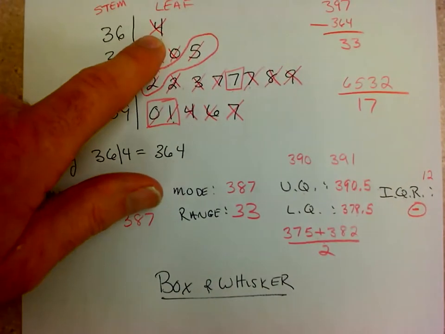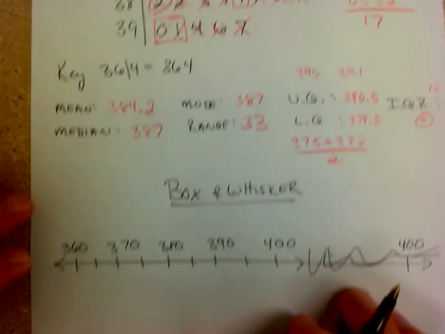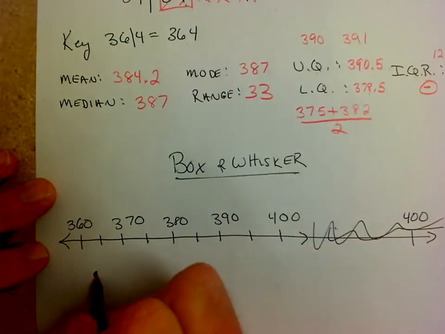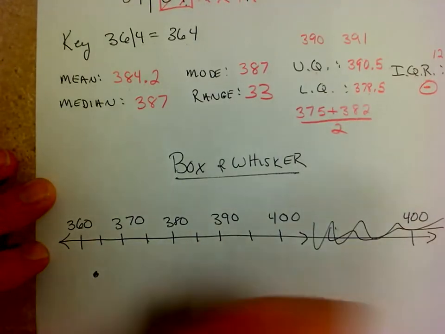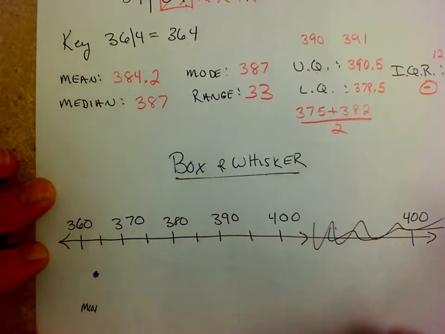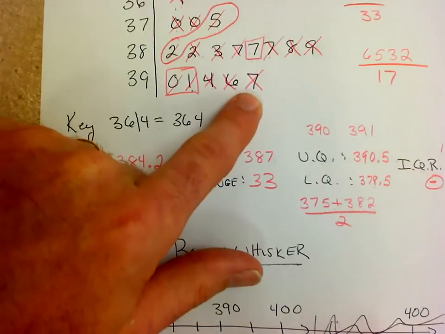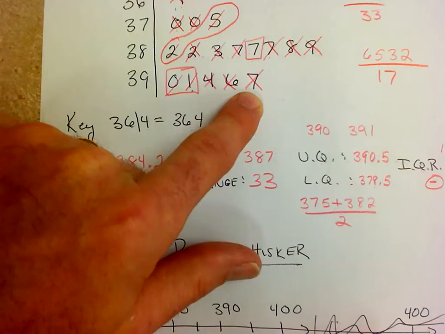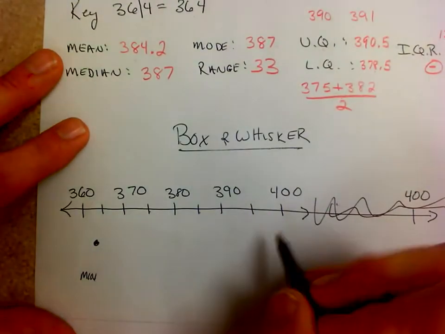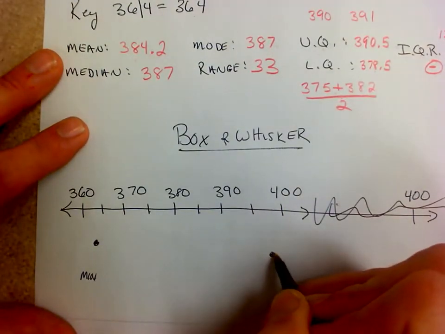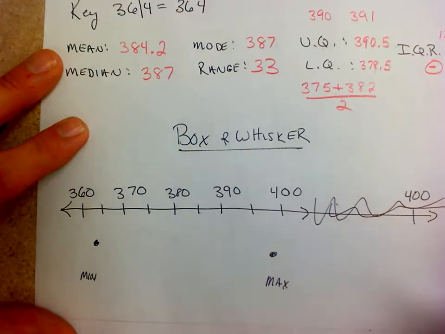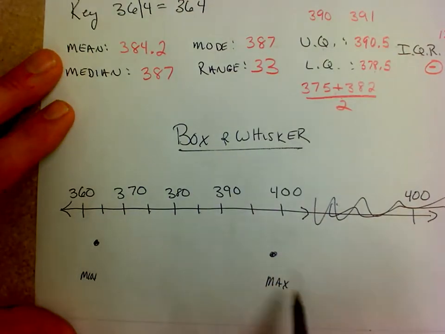We need to mark our smallest value, so 364. So we're going to approximate our minimum. And then obviously then we need to get our maximum, 397. So we've marked the min, we've marked the max.